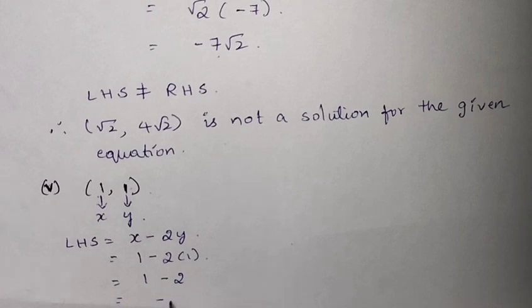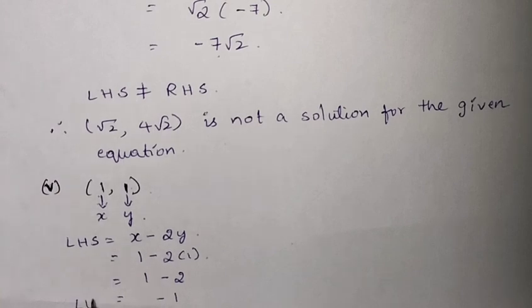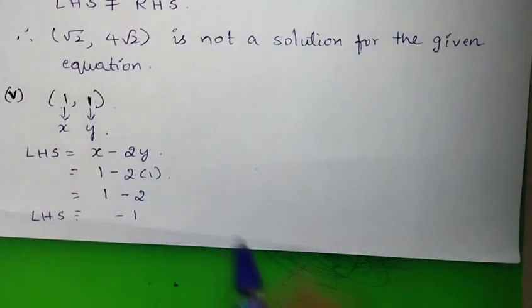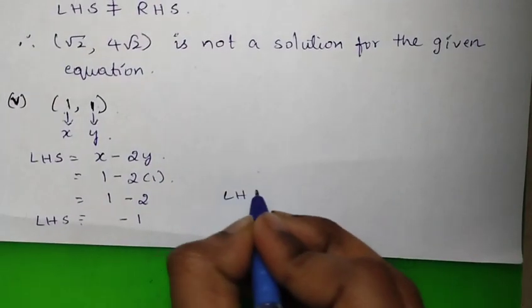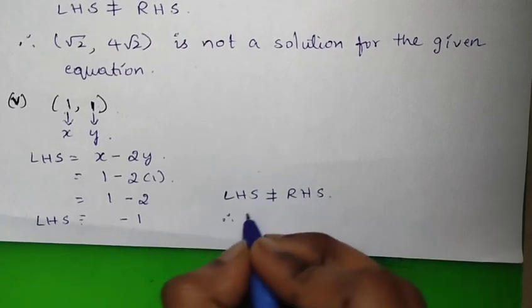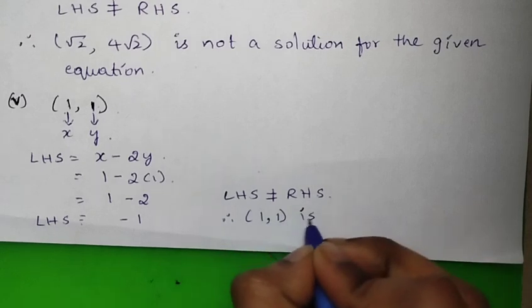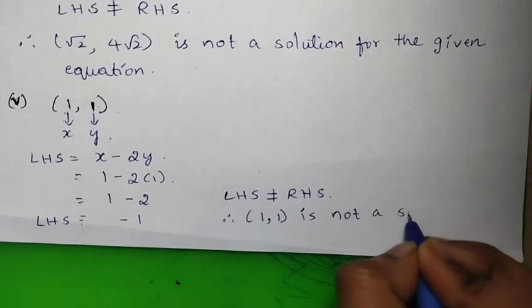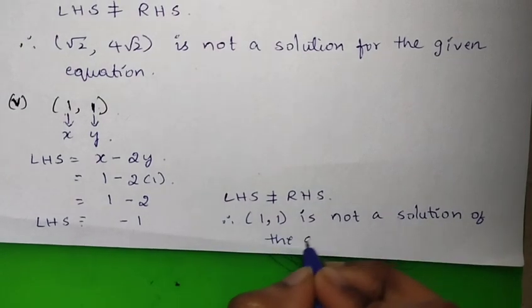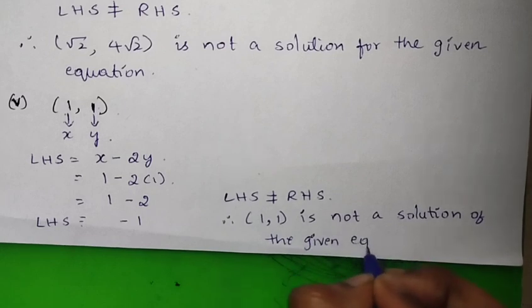I get the answer as minus 1. So LHS here is equal to minus 1. But we know that the RHS value in the given equation is 4. So we can conclude that LHS is not equal to RHS. Therefore, 1 comma 1 is not a solution of the given equation.